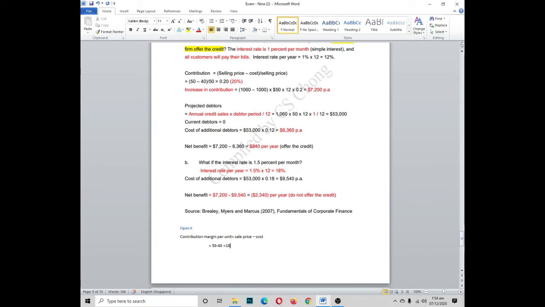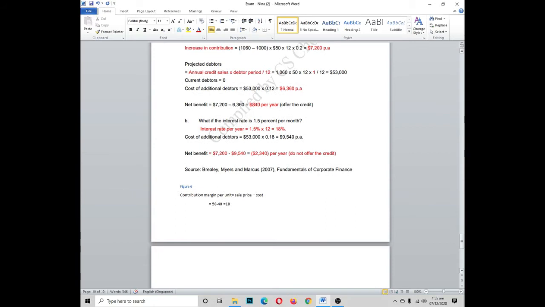If we need the contribution margin per unit as a percentage, then contribution in dollars divided by sale price.